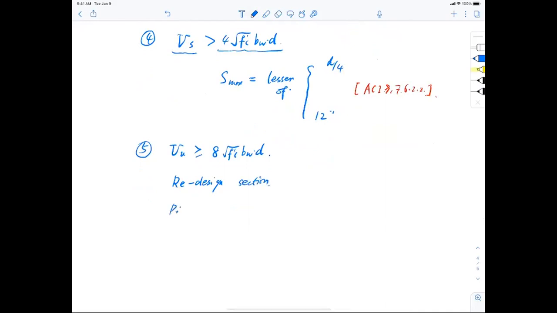Meaning pick a larger section, in plain words. I'm a Missourian, I'm very practical: pick a bigger section. If you need so much shear from the steel, might as well increase your concrete section. At this point, ACI is done.